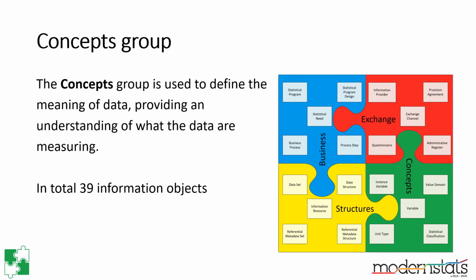We will go through all of these in detail in this presentation. In total, there are 39 information objects in the concept group.